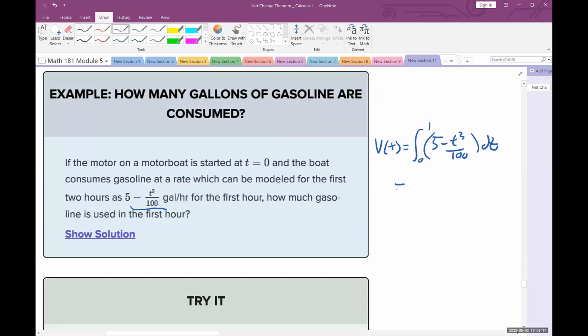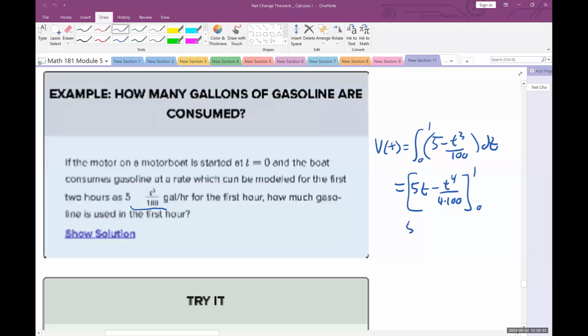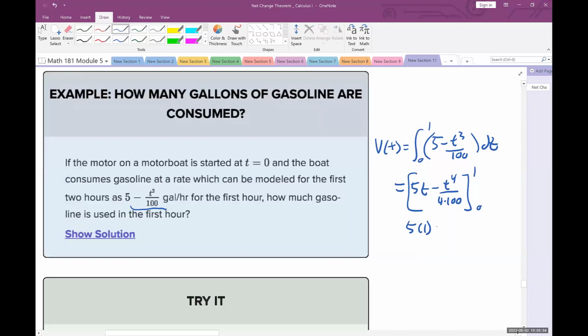So what's that antiderivative? I get a 5t minus t to the 4th over 4 times 100. You evaluate that from 0 to 1. So it's 5 times 1 minus 1 over 400 minus 5 times 0 minus 0 to the 4th over 400.